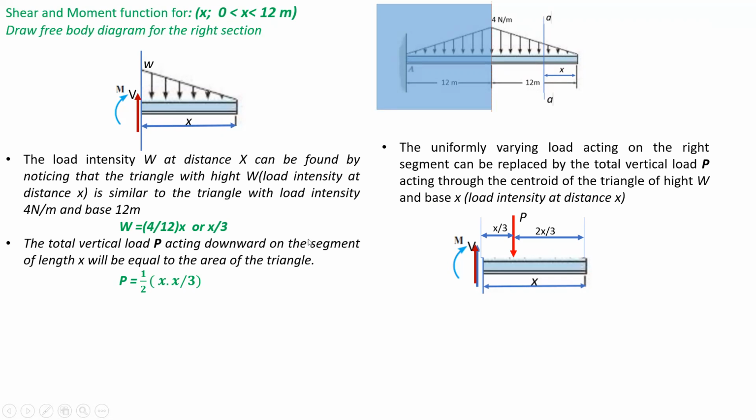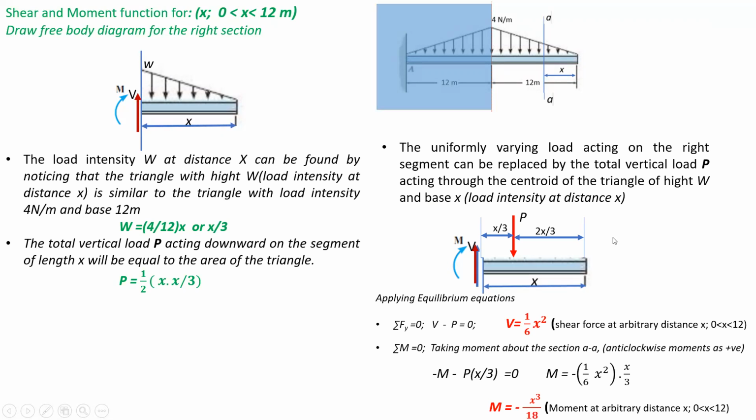The centroid will be at a distance of x by 3 from the left end of the triangle and 2x by 3 from the right end of the triangle, as the width of the triangle is x.